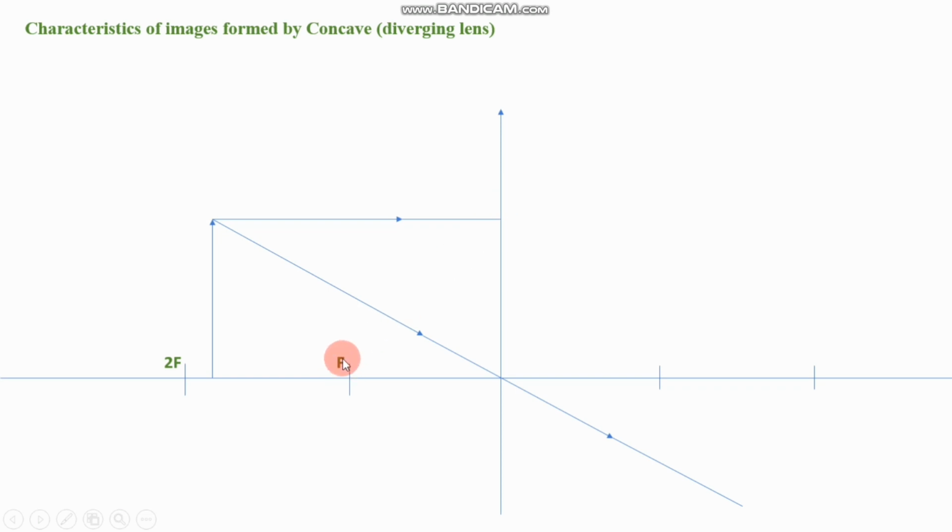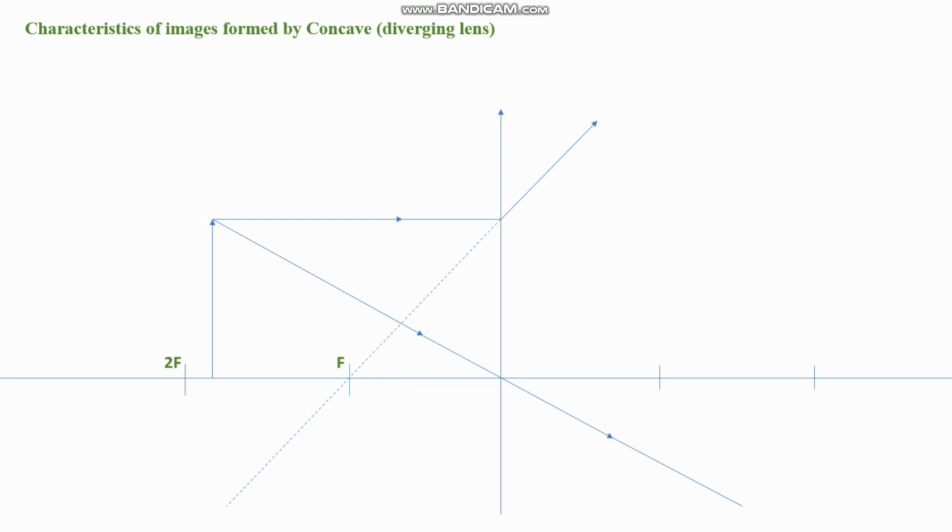So during your construction, make sure the ray that is refracted appears to come from the principal focus. So that is how the ray is refracted. So it's refracted upwards, and we can produce this line backwards. We will see that it appears to emerge from the principal focus as shown.